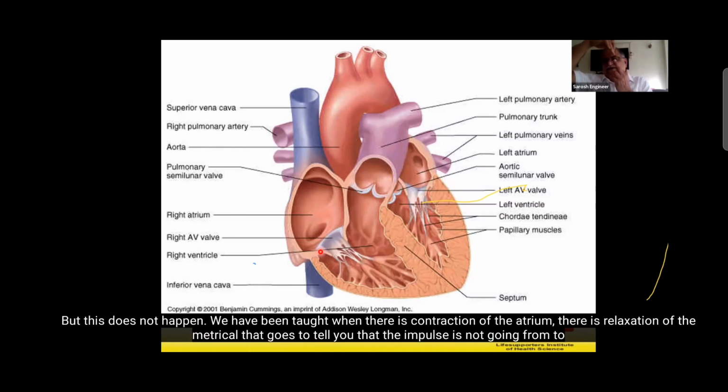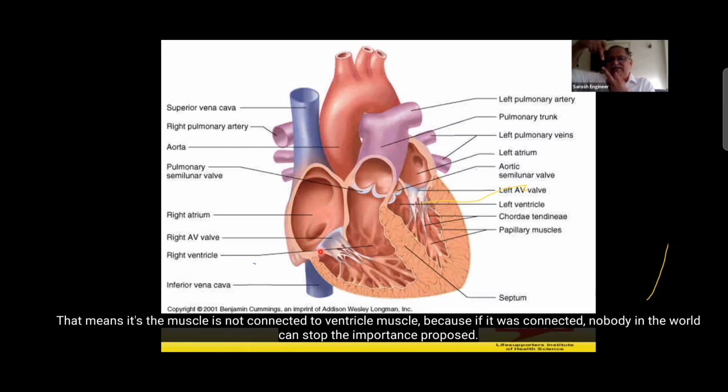But this does not happen. We have been taught when there is contraction of the atrium, there's relaxation of the ventricle. That goes to tell you that the impulse is not going from atrium to ventricles. If the impulse is not going from the atrium to the ventricle, that means atrium muscle is not connected to ventricle muscle.